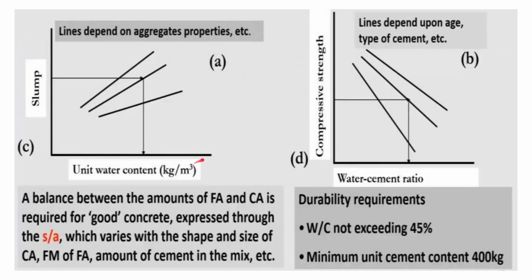Now, as we discussed earlier, a balance between the amounts of fine aggregate and coarse aggregate is required for good concrete, which is dependent on S by A, and it varies with the shape and size of coarse aggregate, fineness modulus of fine aggregate, cement amount in the mix, etc. So the slump basically depends on the aggregate properties.